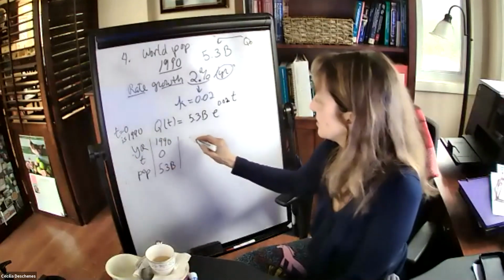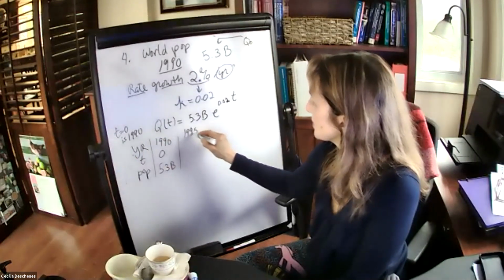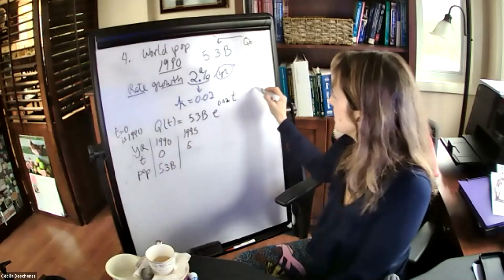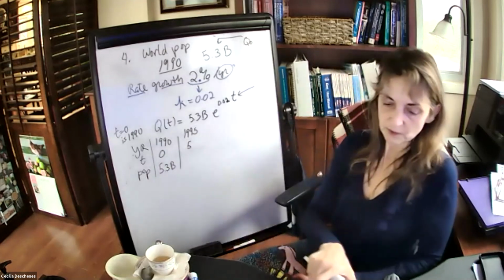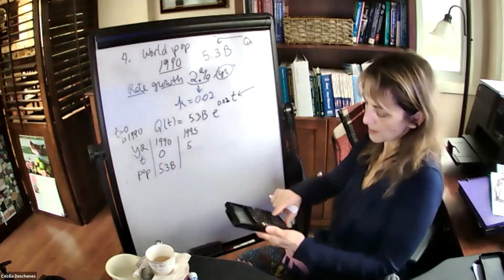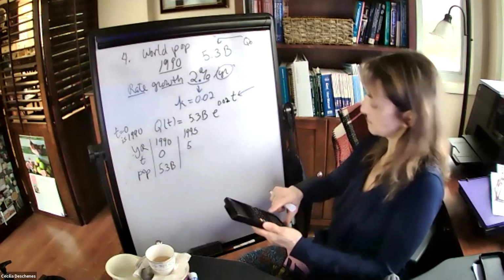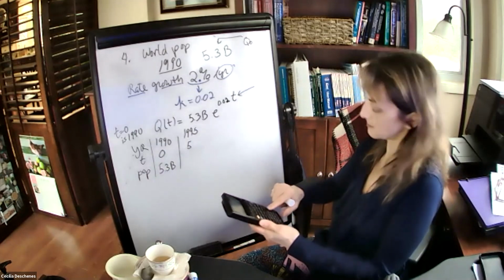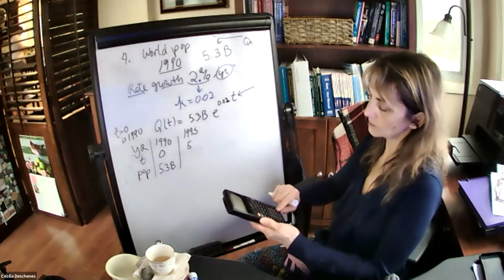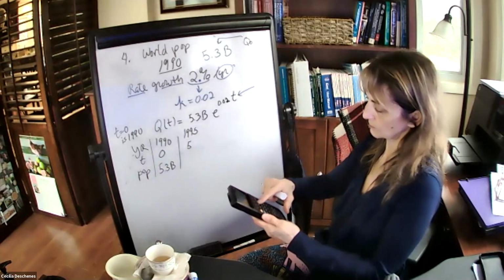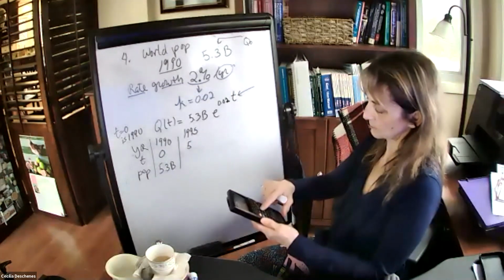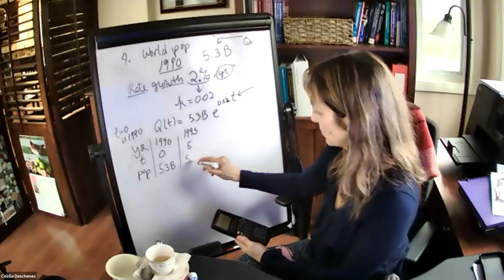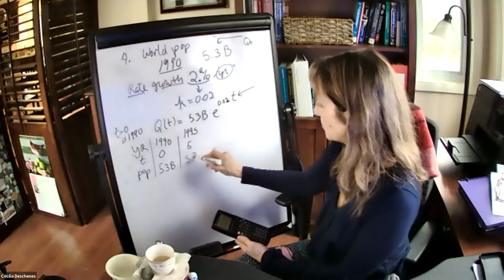The next one is 1995. Well, that's 5 years after 1990, so we're going to plug in 5 for t. So it's 5.3 times e raised to the 0.02 times 5. And I get that this comes out to 5.9 billion, rounding to 1 decimal.